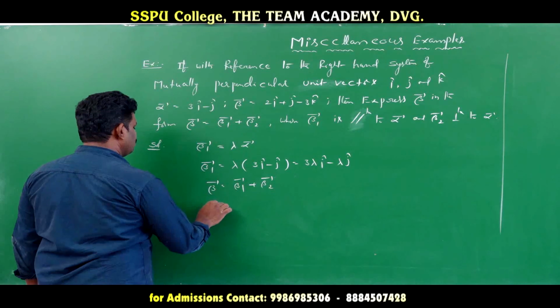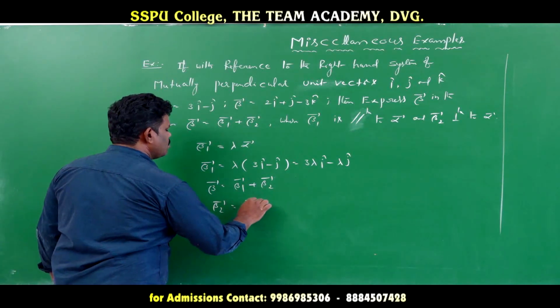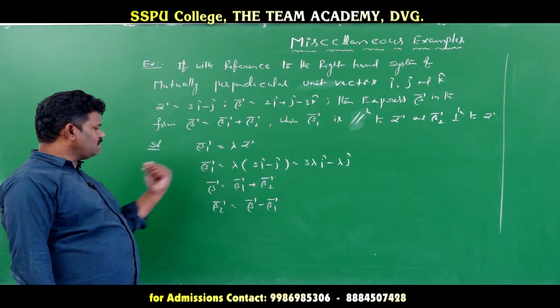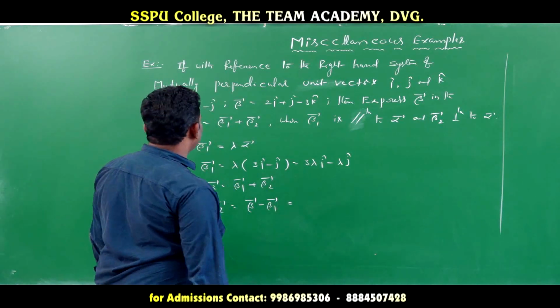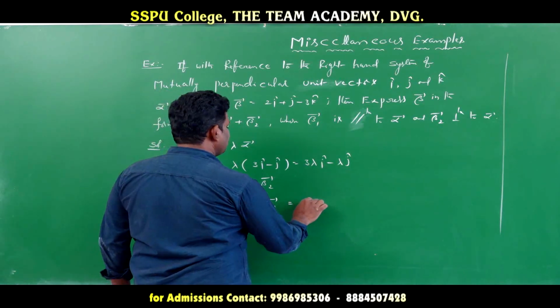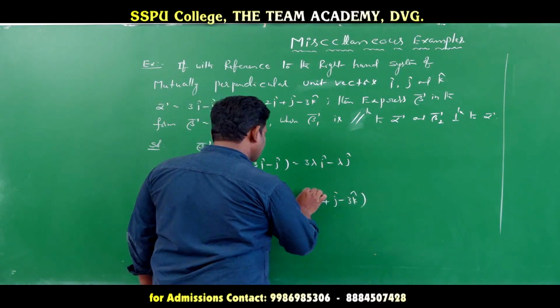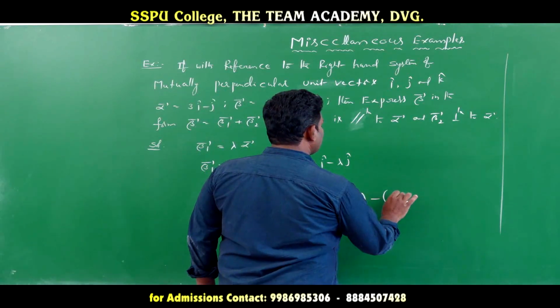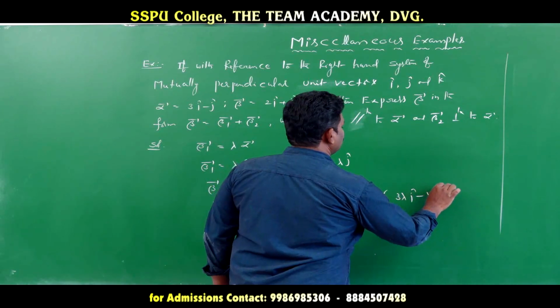Now to find beta 2, beta 1 is taken to this side: beta 2 is equal to beta minus beta 1 vector. Beta is 2 i cap plus j cap minus 3k cap, minus beta 1, which is 3 lambda i cap minus lambda into j cap.